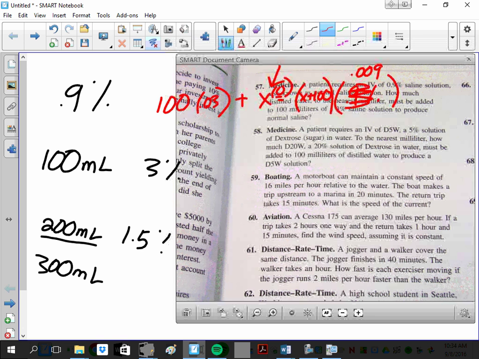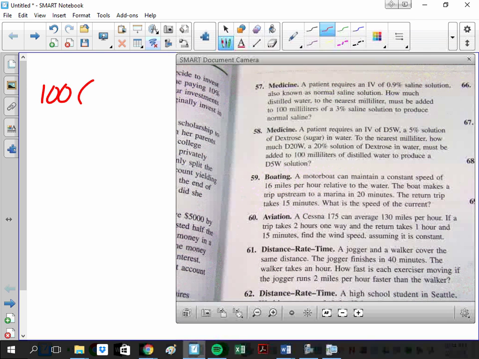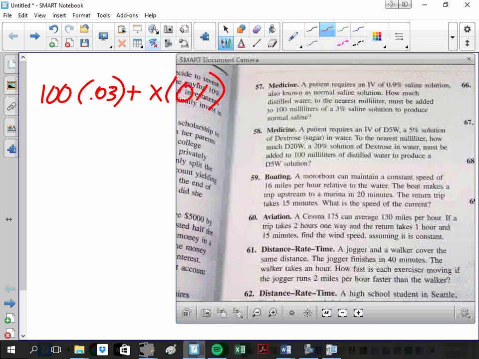Do we see a solution method? Let's try this and see if it works. So let me rewrite it. 100 times 0.03 plus an unknown amount of 0% solution needs to equal the original 100 plus x times 0.009. Well, this is nice.